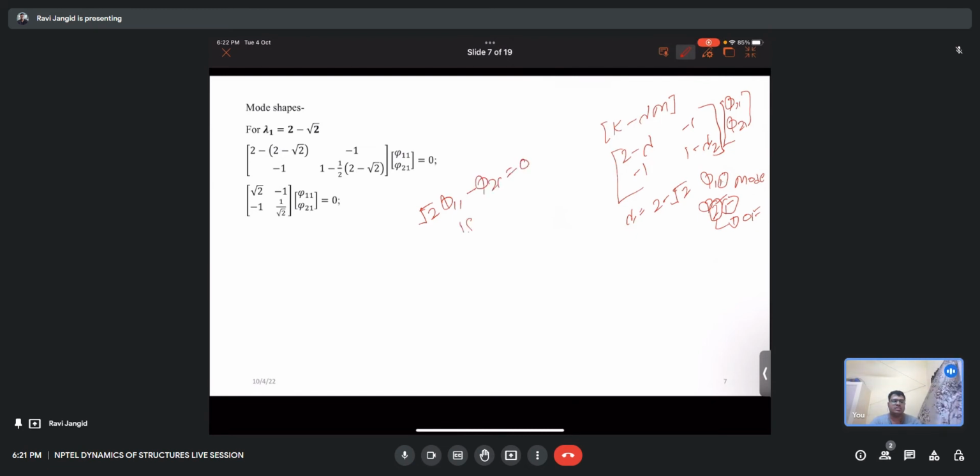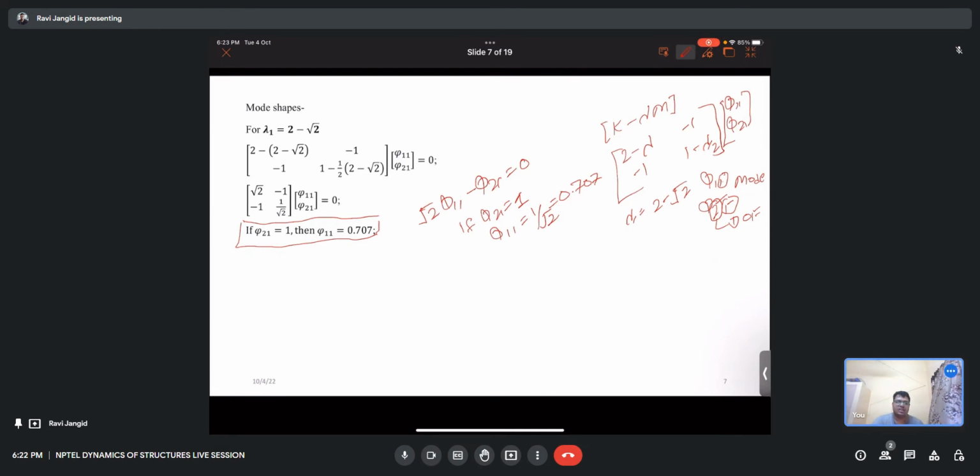If I normalize and consider phi 21 equal to 1, then phi 11 will be 1 by under root 2, which is 0.707. So if phi 21 is 1, then phi 11 is coming out to 0.707.